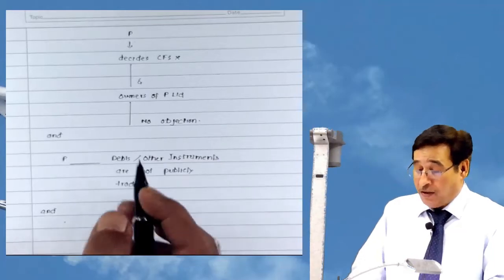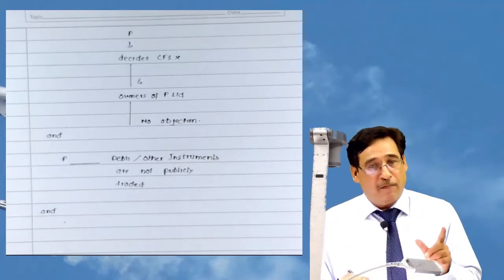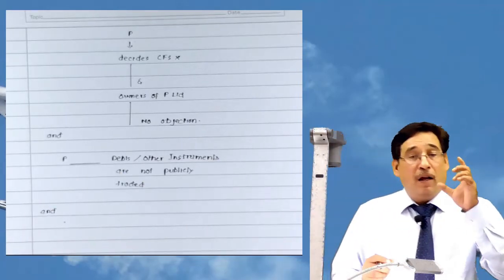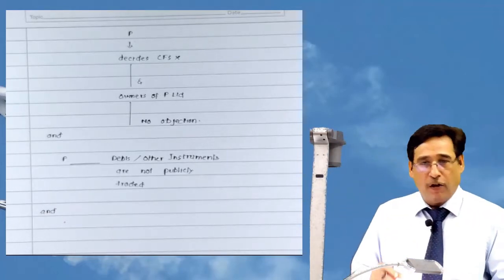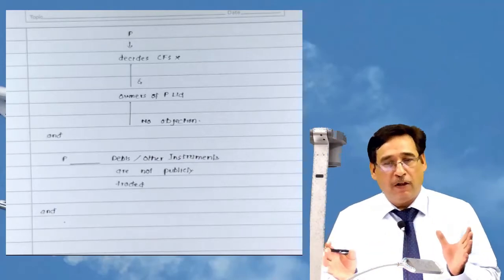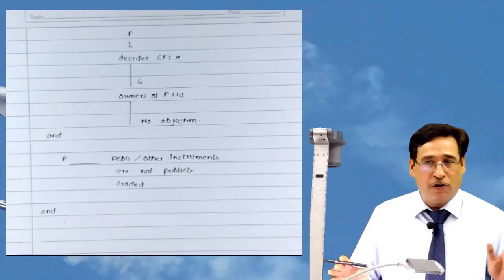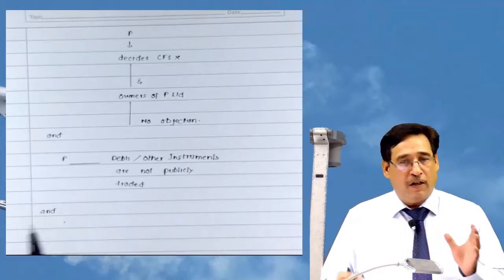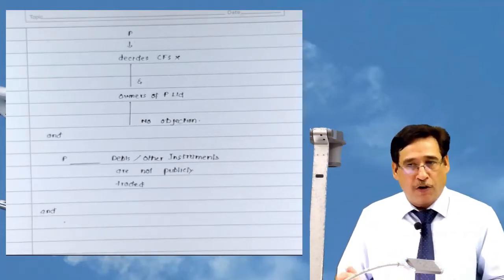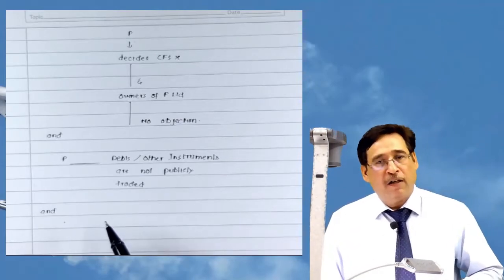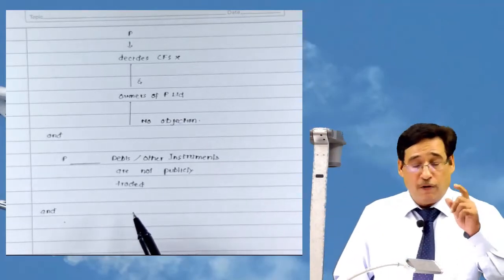It means the sentence is: P Limited is a parent, number one. It is also a subsidiary, wholly or partially. It decides not to prepare the consolidated financial statement. Owners of P Limited have no objection to it. Further, debt securities or equity securities are not being traded in the public market, whether domestic or foreign. Remember one thing.